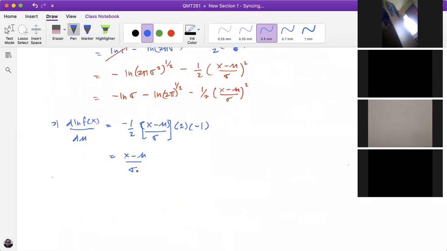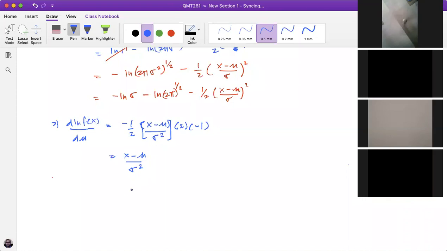Yes, sir. Zero. But don't forget, this one has a power of 2. When we take it out, the bottom still has the power of 2. This is power of 2.